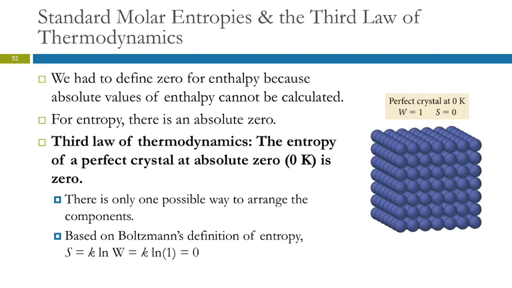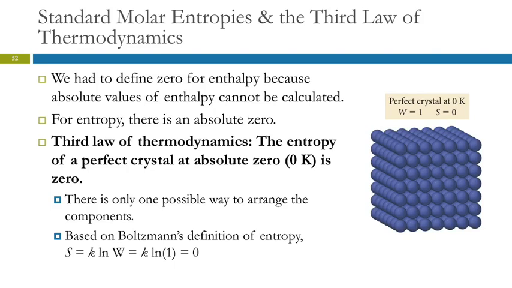Like other things, we define where 0 is, because we can't calculate absolute values for enthalpy, and there's actually no absolute 0. But what we're looking at is changes in entropy, and so exactly where 0 is doesn't matter as long as we all agree to use the same place. So, third law of thermodynamics: the entropy of a perfect crystal at absolute 0 Kelvin is 0.